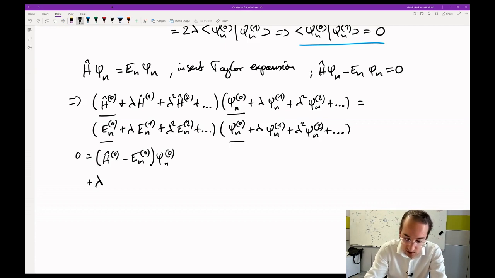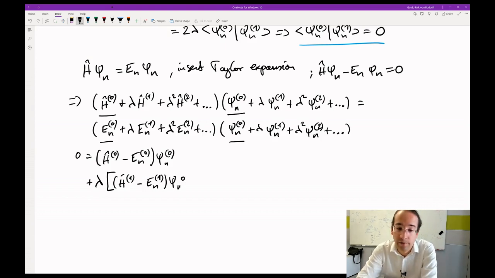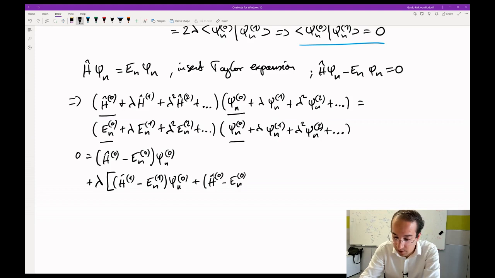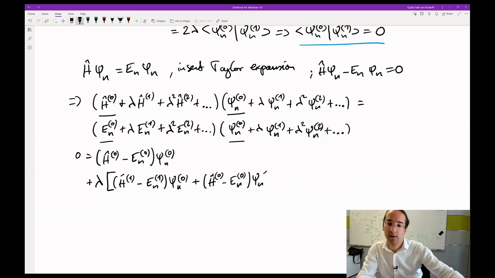So if you do that, you gain the Hamilton operator's linear response minus the corresponding energy, applied on the wave function of the reference, plus the zeroth order term applied on the perturbed wave function, so the linear response wave function.